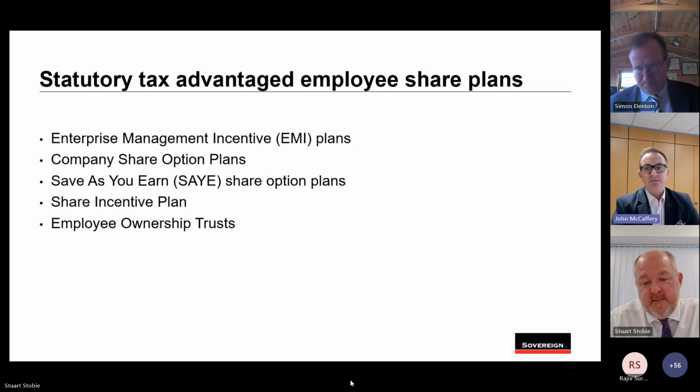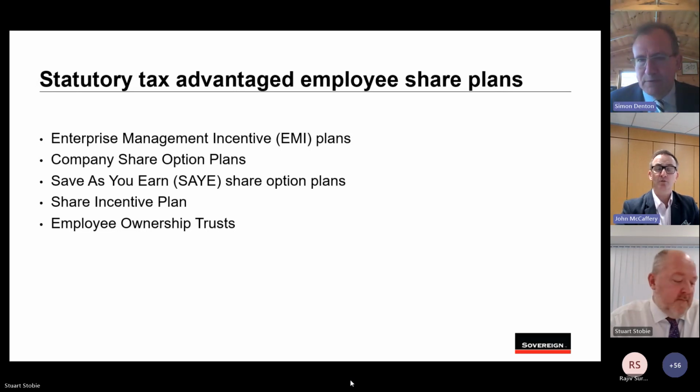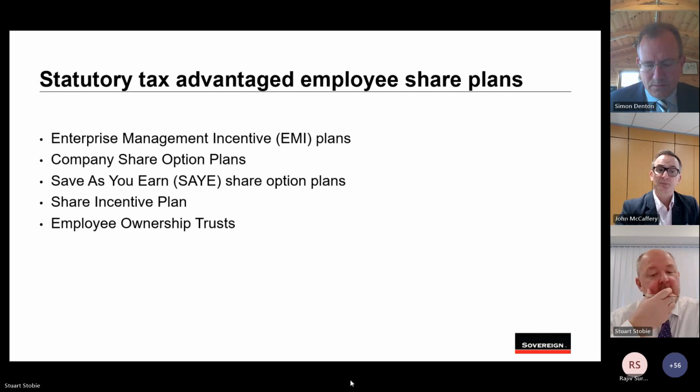So if the financial services firm is making the investments, then probably excluded. If the financial services firm is an advisory firm, then they may not be excluded from EMI. You can go for advance clearance with the revenue. So you can apply to them and see if you're a qualifying entity for EMI purposes.